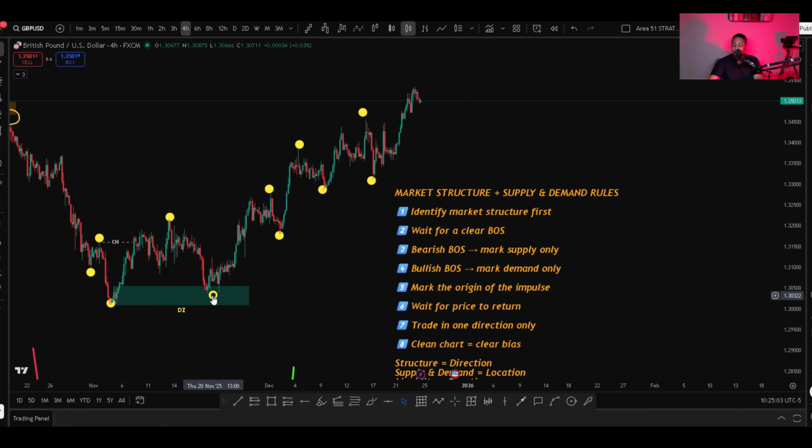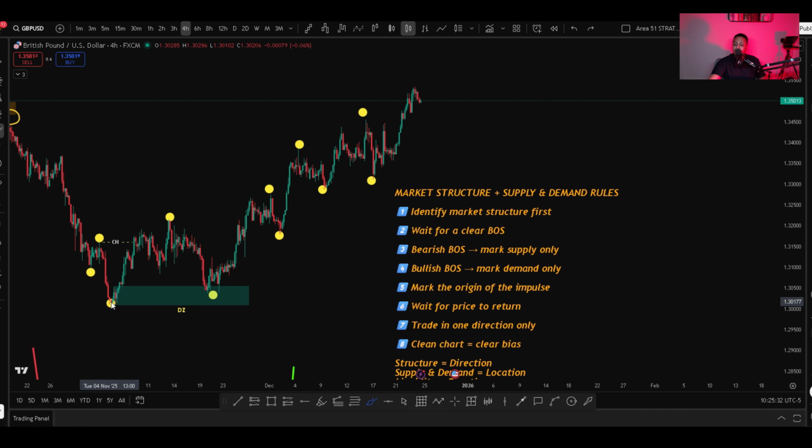Now that we marked our demand zone, we wait for the price to come back to it, because remember, the buyers filled some of their orders right here, and when the price comes back to the zone, they have to fill the rest of their orders after they collect liquidity, because they need enough liquidity in order to fill the rest of their orders.